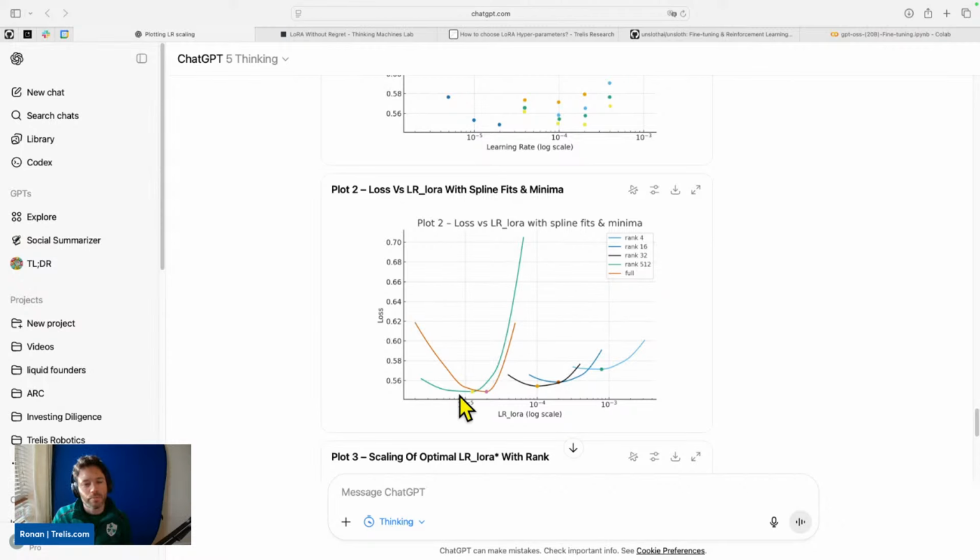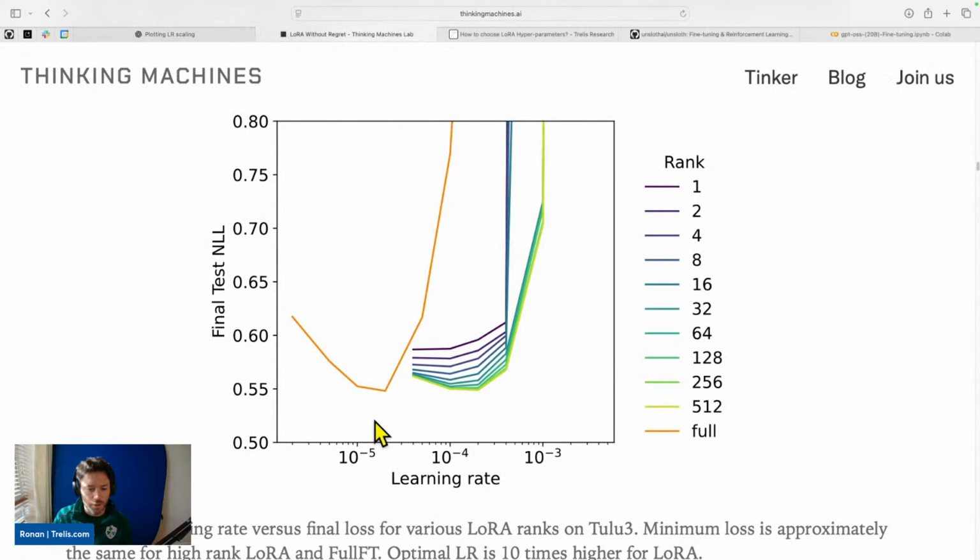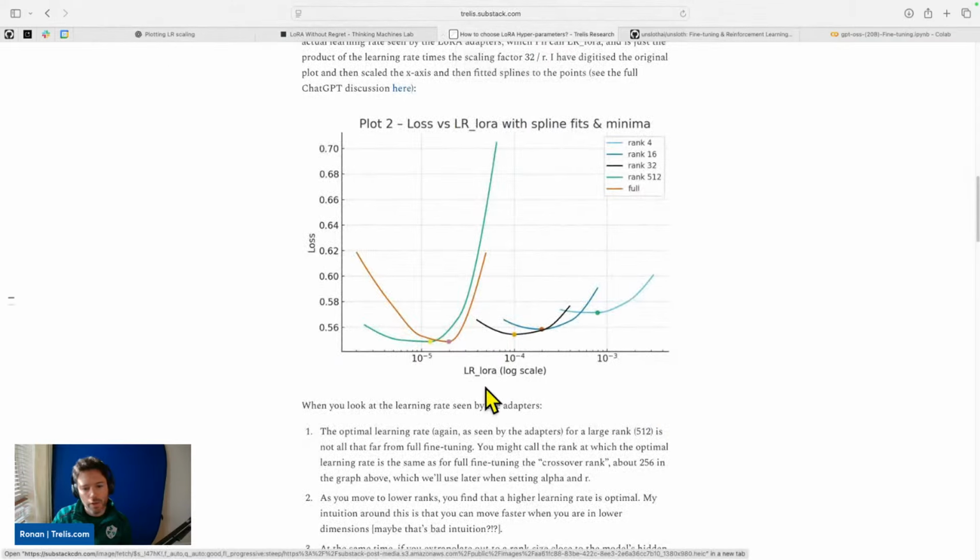So it's not really that you use a higher learning rate if you want to do LoRA. It's more that because you're operating at a lower rank, you need to set that multiplier factor. And I think if you plot it in this way, where you show the actual learning rate seen by the adapter, it gives you a much clearer picture of what you're doing.